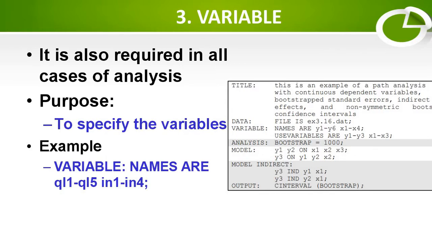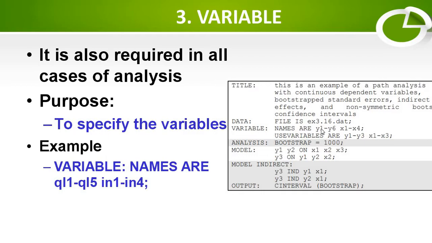For example, if I have two sets of variables, one in the Y series, second in the X series, simply you can put it like Y1 to Y6 and X1 to X4. So that would include all variables in this range from Y1 to Y6 and X1 to X4.